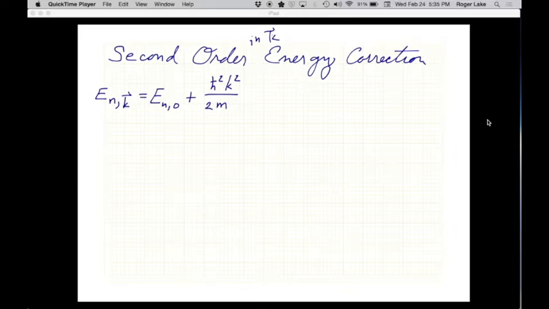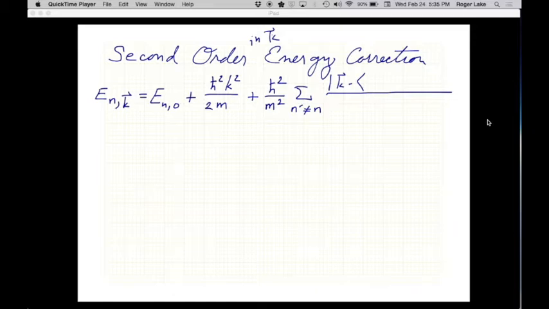So this is just your bare m, plus a sum over the band n prime not equal to n of some matrix element squared over an energy difference. And that matrix element squared is the magnitude squared of K dot p between n0 and n prime 0, over the energy difference.